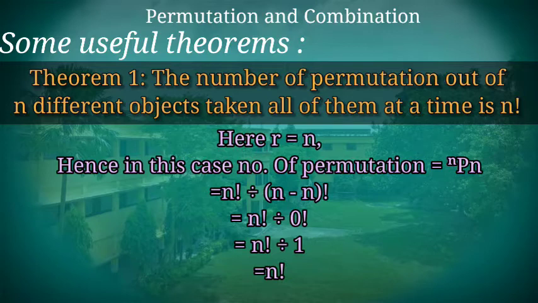So in nPr we put nPn, which equals n factorial divided by n minus n factorial, and we know that the value of 0 factorial is 1. So nPn is equal to n factorial divided by 0 factorial, which is n factorial only. So out of n objects, if we take all of them at a time, the total number of permutations is n factorial.